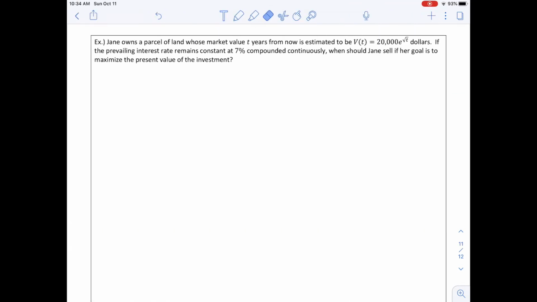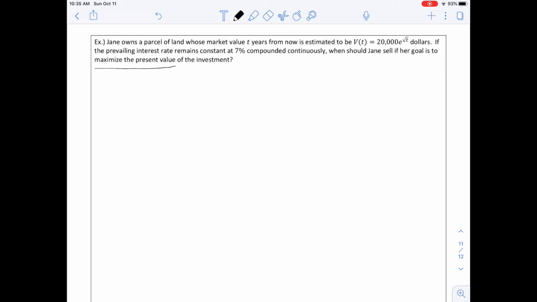The example on the next page says Jane owns a parcel of land whose market value t years from now is estimated to be V of t equals 20,000 e to the square root of t dollars. If the prevailing interest rate remains constant at 7% compounded continuously, when should Jane sell if her goal is to maximize the present value of the investment? So when should she sell this to maximize the present value of the investment?